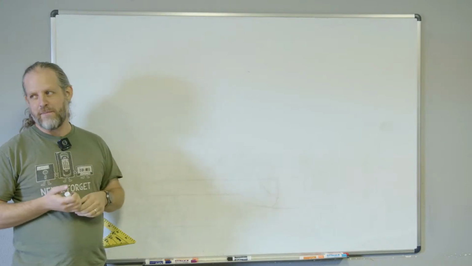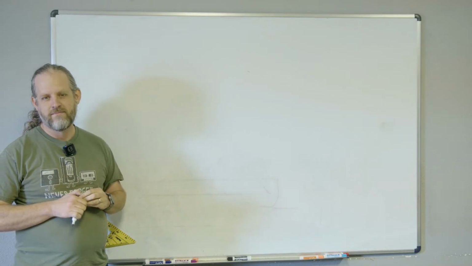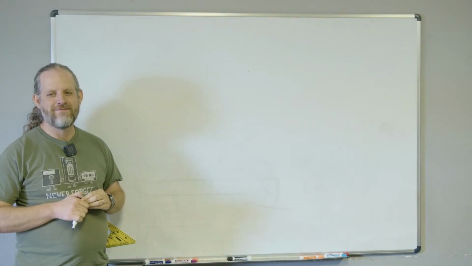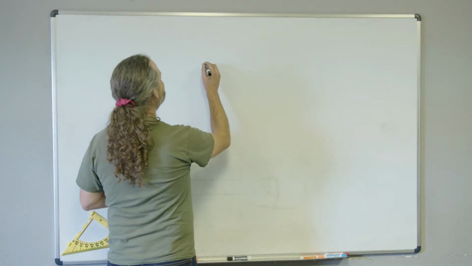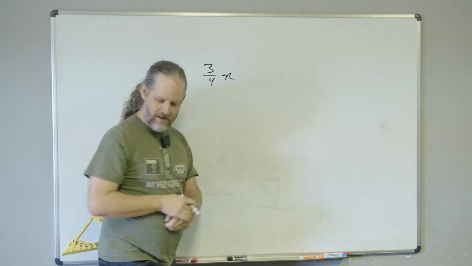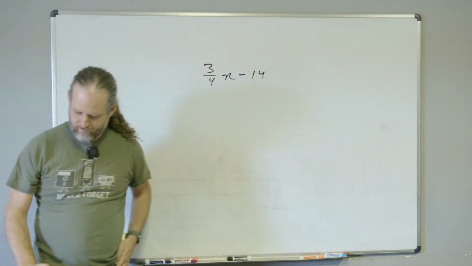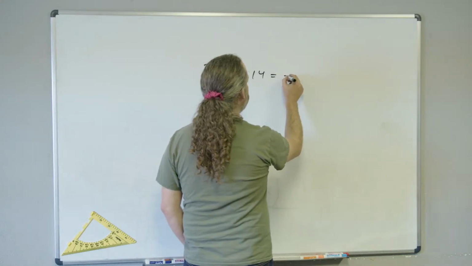So 3/4 of a number, how would we write 3/4 of a number? 3/4 times a number, right? 3/4 n and then -14 equals -8.